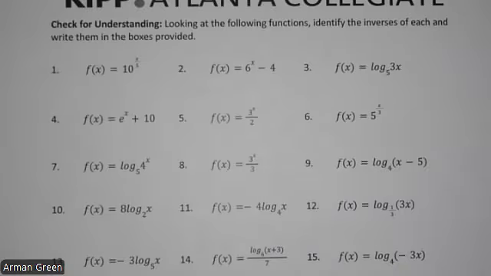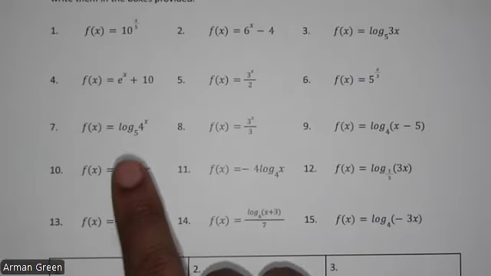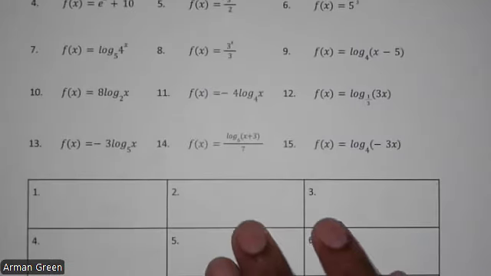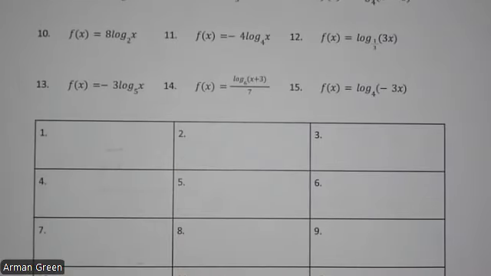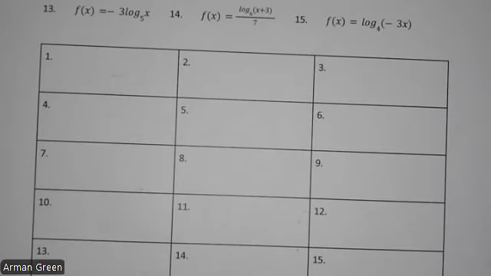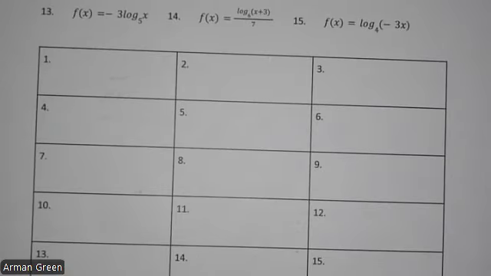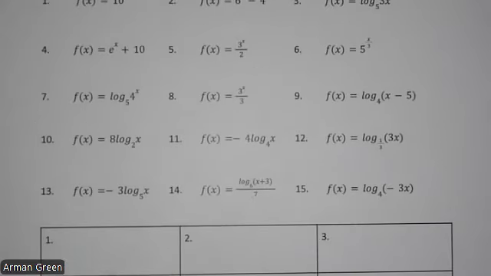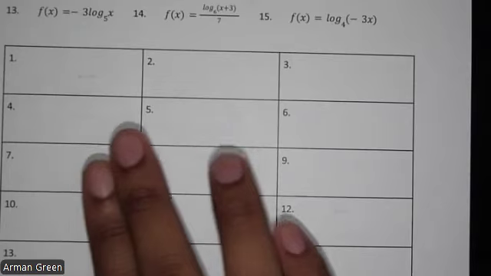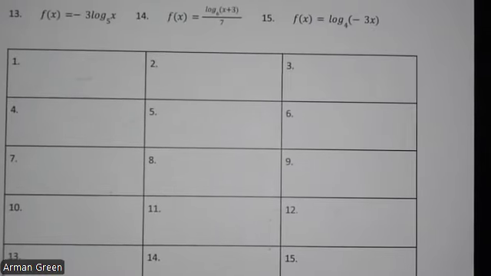And for these 15 practice problems, all you're doing for each of these is looking at the functions that I give, and writing the inverses of each of these functions that are provided. So that's all you're doing, just writing out, well, what is the inverse of each of these functions? Your answers for the inverses, you're going to write in the boxes at the bottom of page 30 here.